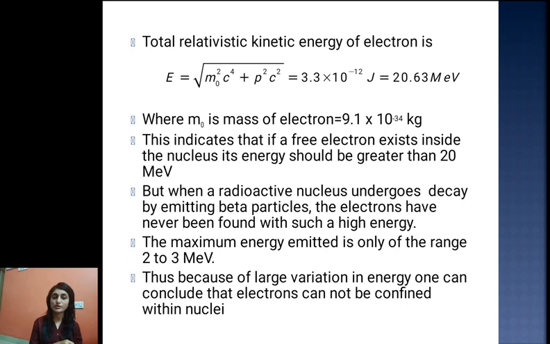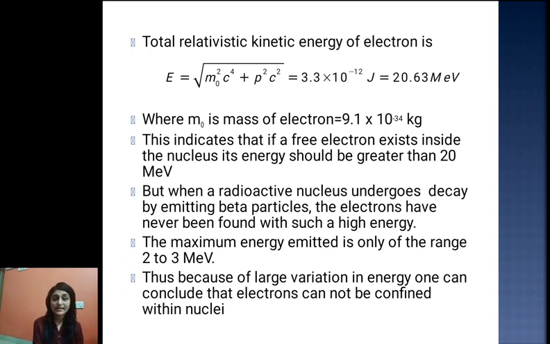M0 is the rest mass of the electron, that is 9.1 into 10 raised to minus 31 kg. C is the speed of light, 3 into 10 raised to 8 meter per second. P we have calculated. If you substitute all these values, the energy you get will be in joules, and you can divide by 1.6 into 10 raised to minus 13 so that it directly converts to MeV. Try these calculations. If you find this energy E, you will get 20.63 MeV.